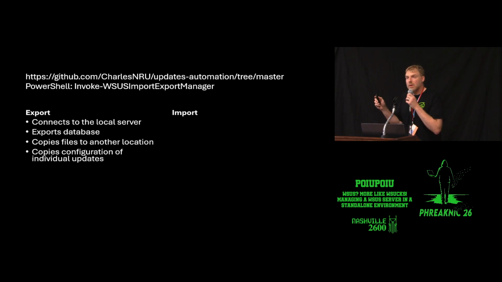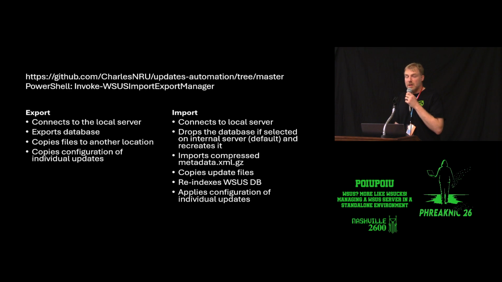So whenever I went into the thing and said, this update, I'm going to approve it, it'll actually query the database on your system and say, oh, this update, KB blah blah blah, is approved. I'm going to make a note of that, and whenever you go to import it on the other side, it'll say, oh, this KB is approved. Cool. It will also drop the database as selected, which is default, import the database, copy update files, re-index the WSUS, and apply the configuration of these individual updates. Awesome. This is what I need.